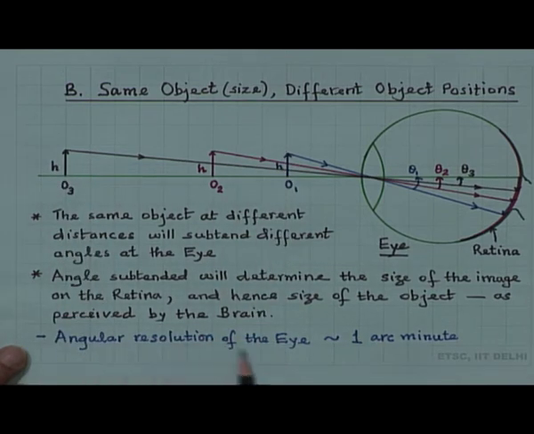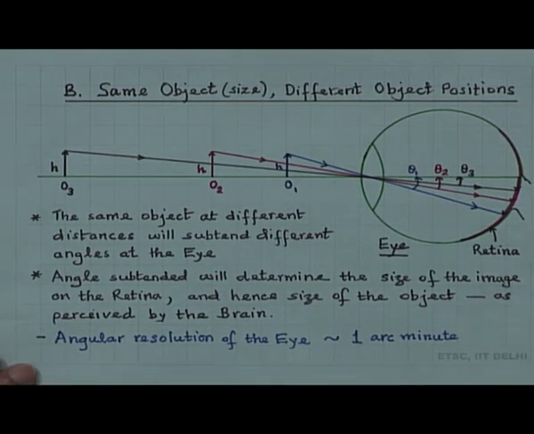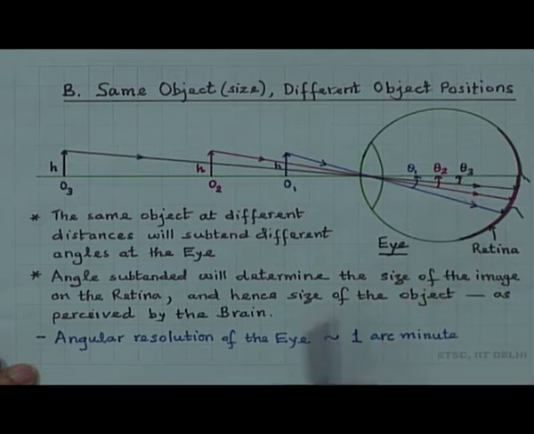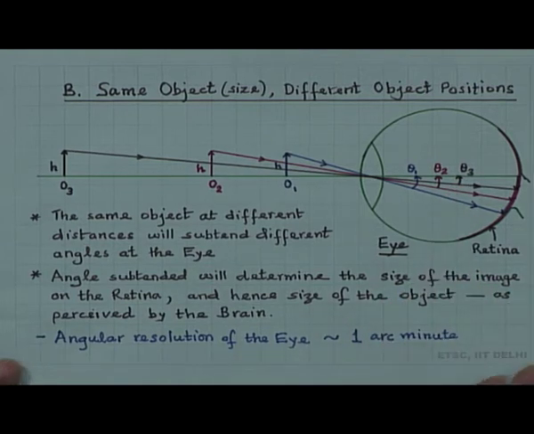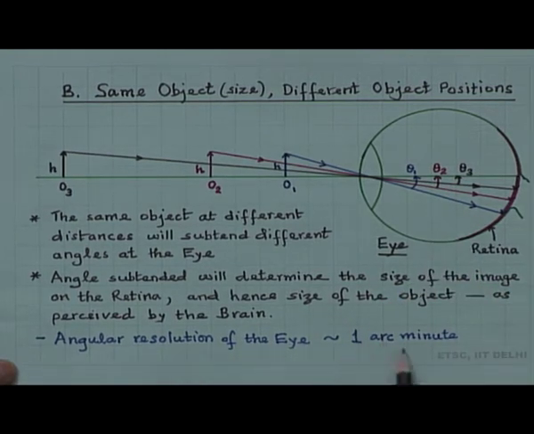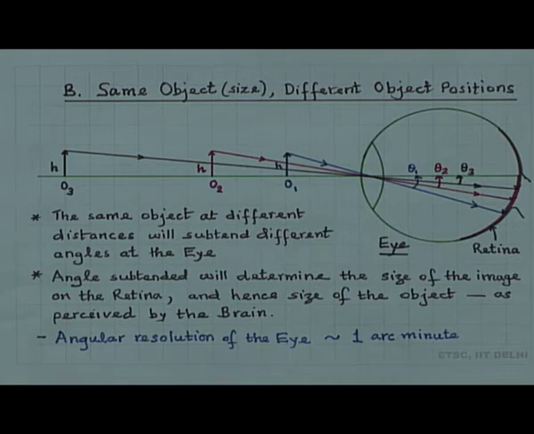The angular resolution of the eye is about 1 arc minute. The angular resolution here refers to the minimum angular separation which can be sensed by the eye. So, let me discuss this a little bit more, the 1 arc minute angular resolution.